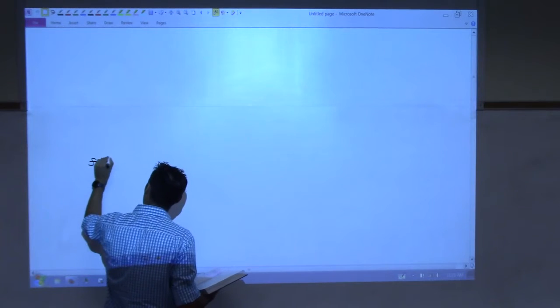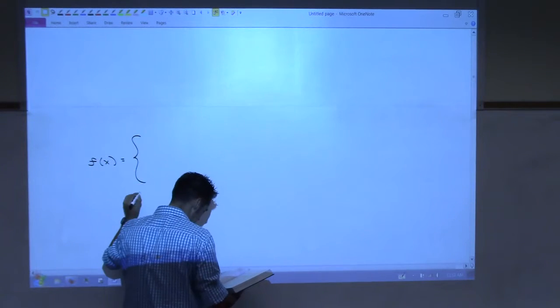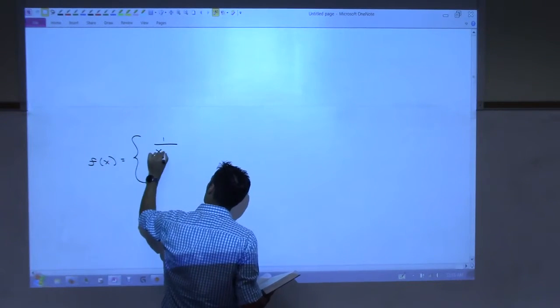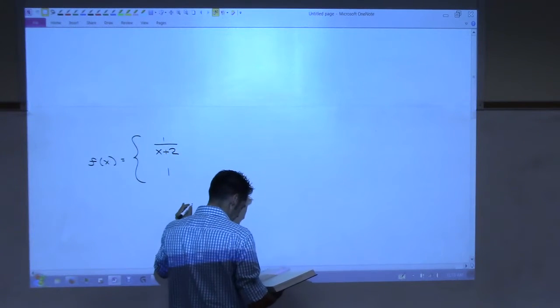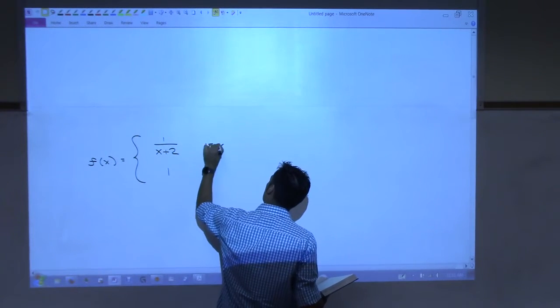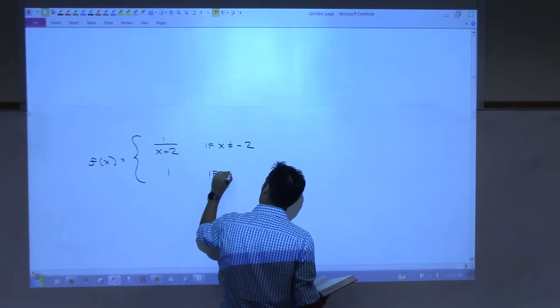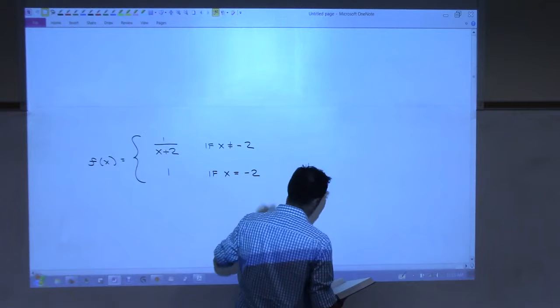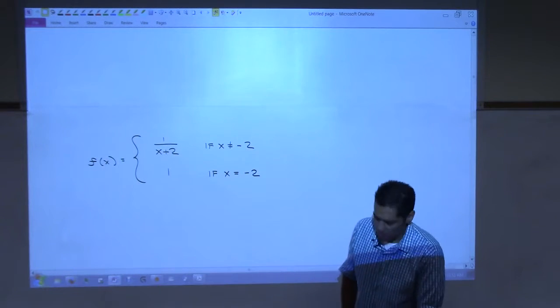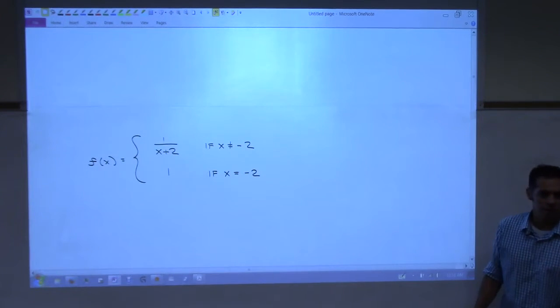I have a function f of x equals 1 over x plus 2 if x is not -2, and 1 if x is -2. All right, so now we're doing something different than what we were doing before.